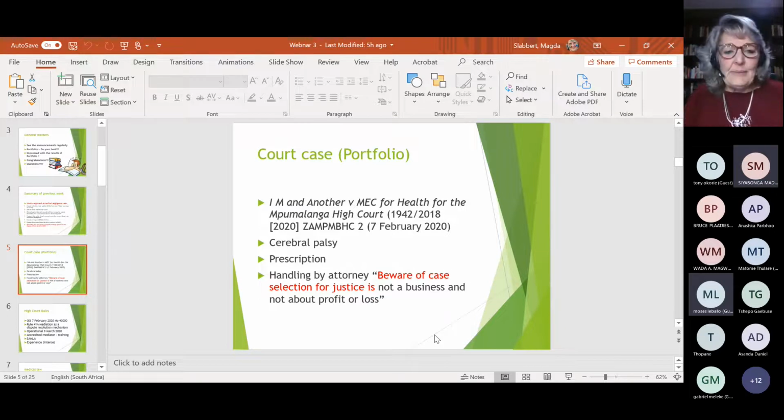I'm going to elaborate a little bit on prescription tonight, but I also wanted you to see that an attorney should not be guilty of case selection, because in that case, the judge said, beware of case selection, for justice is not a business and not about profit or loss.